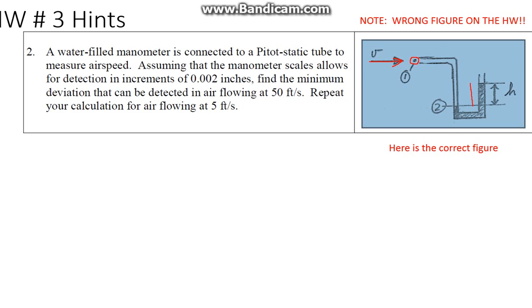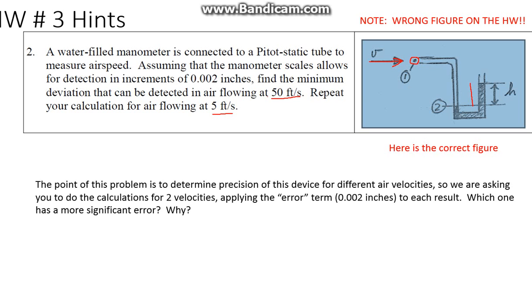So that stagnation point is going to cause this delta H basically across here. In this one, it's a little bit interesting to see what kind of deviation can be detected for air flowing at 50 meters per second, and then repeat that calculation for 5 feet per second. So you're basically going to do the same problem twice for the 2 different velocities.